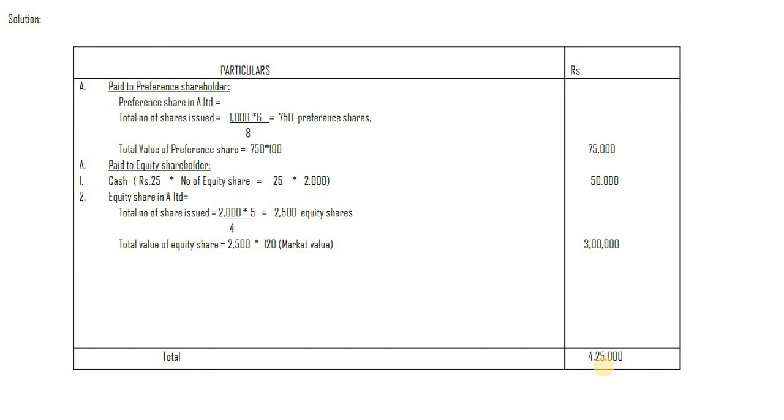And what does purchase consideration mean? Purchase consideration means when one company acquires another company, then there is a payment, right? When you buy something from the market, you should make some payment. That payment is called purchase consideration. Okay, so purchase consideration, when you are using net payment method, should be calculated in this manner.